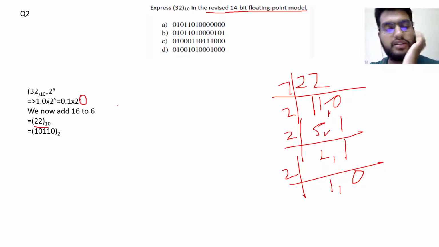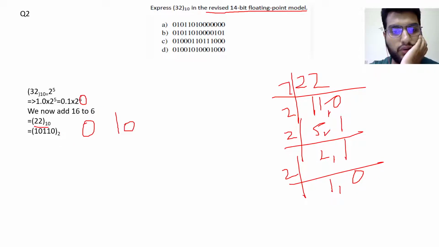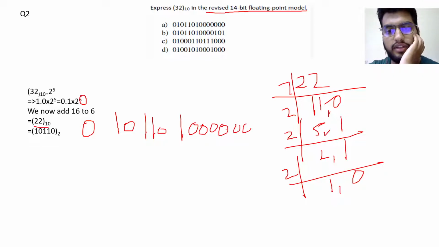So our number in the revised floating point is: first the sign, which is positive, 0, then the exponent 10110, and then the mantissa, which is 1 followed by the remaining zeros, which will be 7 zeros.